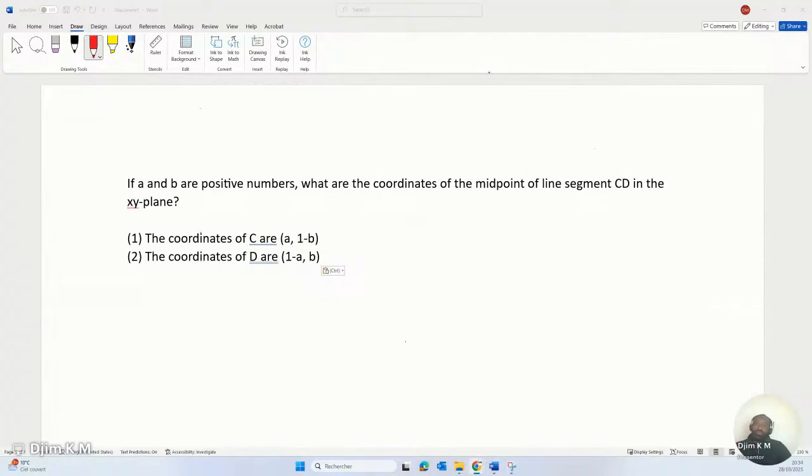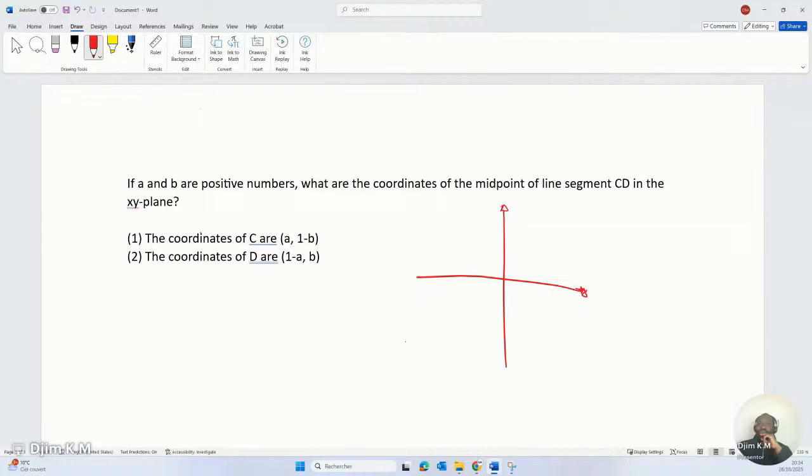Okay, so A and B are positive, so it should definitely be on this side here. The coordinates of C are A, so A is positive, it can be something around here. It can be any value.